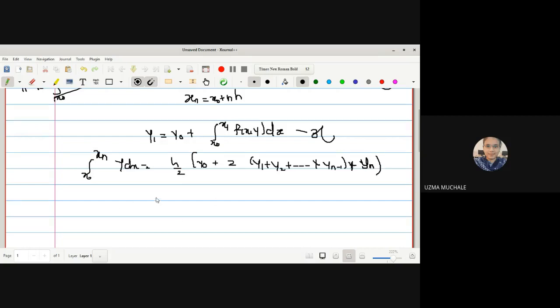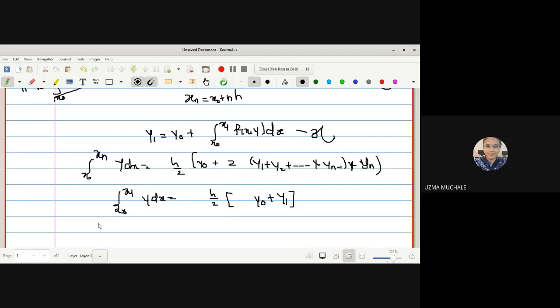Now if I want to find the integration from x naught to x1, it is simply h by 2 times y naught plus y1. This is the value of the integration within the limit x naught to x1. Now instead of having y dx, we are going to substitute f of x y instead of y.